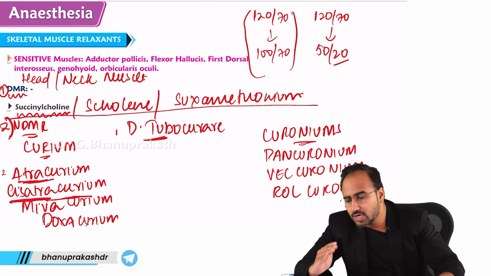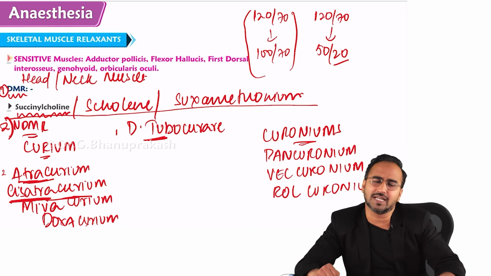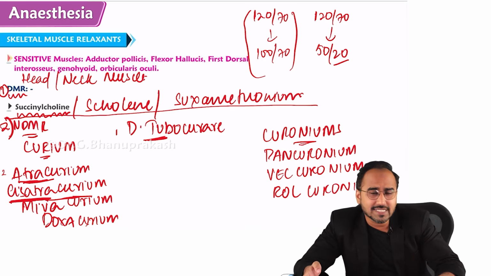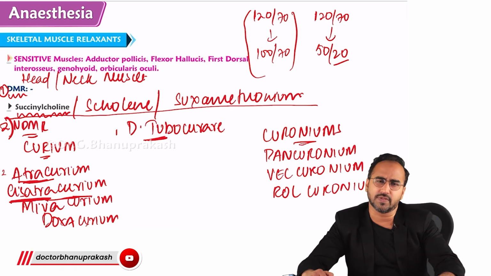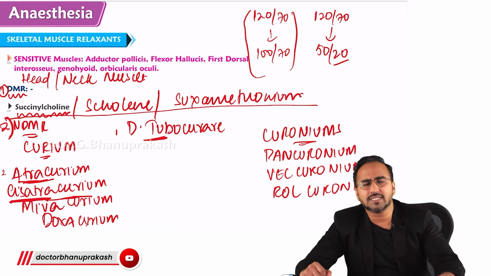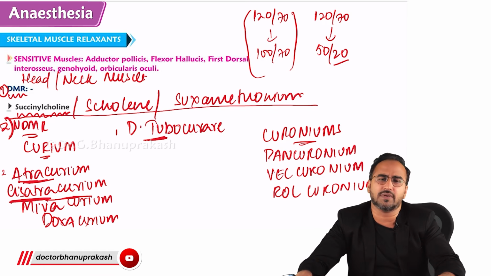Why? Because while causing muscle relaxation, it was also producing toxicities of multiple systems of the body. Due to this, Doxacurium is not used nowadays.